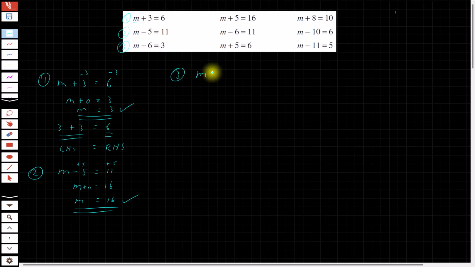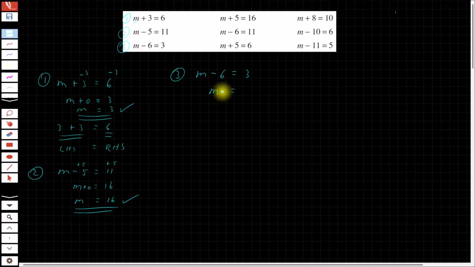m take 6 equals 3. So let's write the variable down, put the equal sign there. What do we need to do to get this 6 over to the right hand side, or eliminate the 6? It's a minus 6, so we need to add 6. We can do that in our head. Minus 6 plus 6, that's 0.